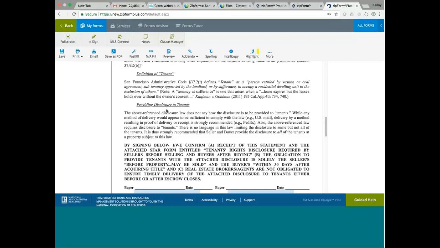Providing disclosure to tenants. The above referenced disclosure law does not say how the disclosure is to be provided to tenants. While any method of delivery would appear to be sufficient to comply with the law, delivery by a method resulting in proof of delivery or receipt is strongly recommended. Example, FedEx.